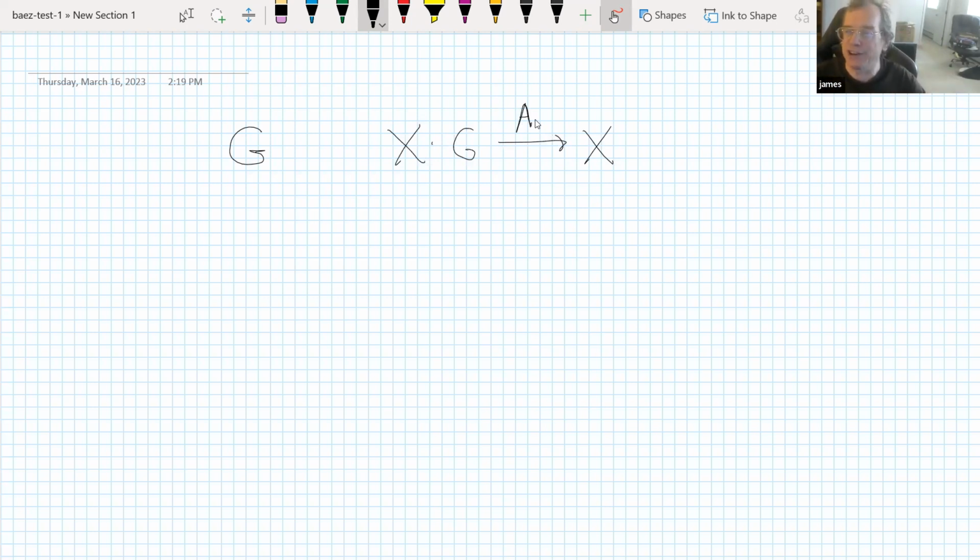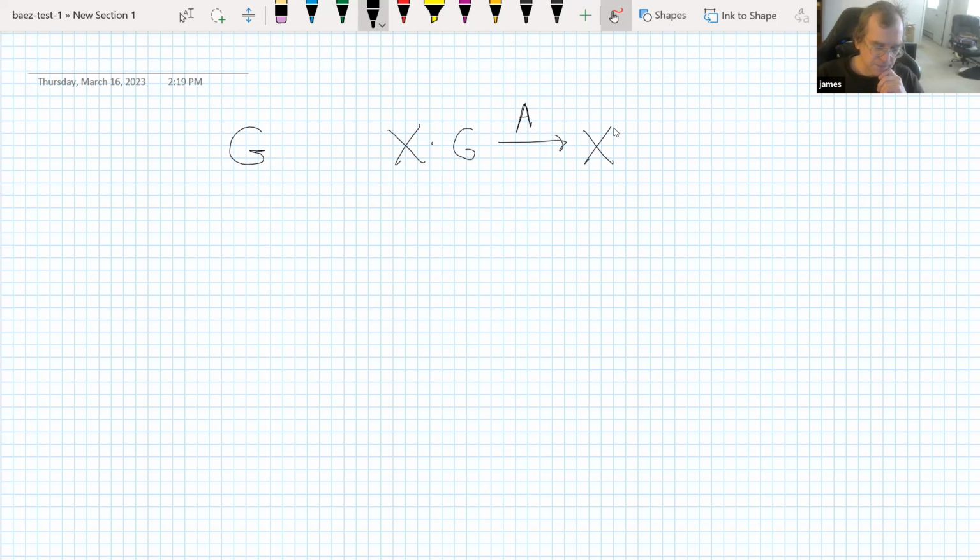I didn't say everything; there's a kind of action associativity and things like that, but this is what an action of a group looks like. And a G-torsor is just going to be a special kind of G action.